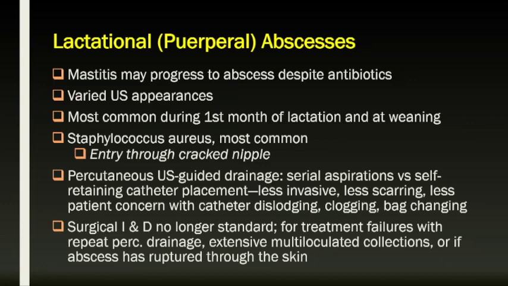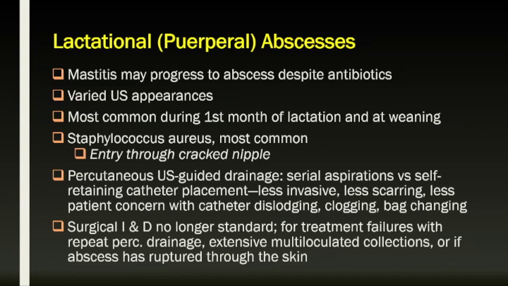The method of therapy is also most often ultrasound-guided serial drainages. You can place self-retaining catheters, usually 6 or 8 French, but the serial drainages seem to be just as effective. They're less invasive, with less scarring, less patient concern with catheter management, and easier for them to continue breastfeeding.